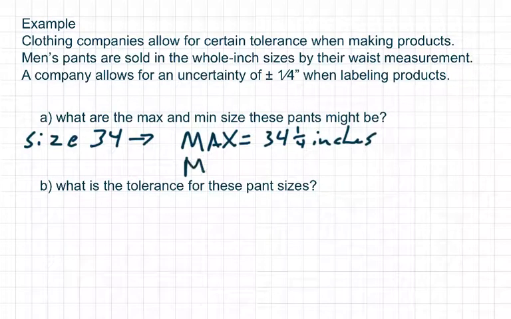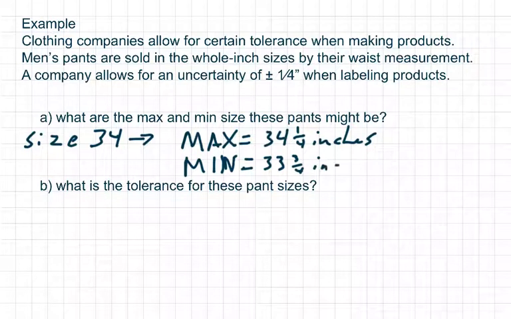And the minimum that these pants would be acceptable, that the company would still label them as a 34, would be a quarter inch smaller. So 33 and three quarters, or if you went to your calculator and did 34 minus 0.25, you get 33.75 inches. So there's the max and the min.